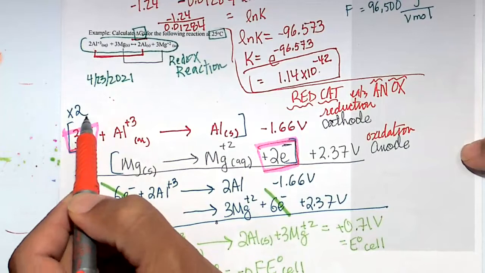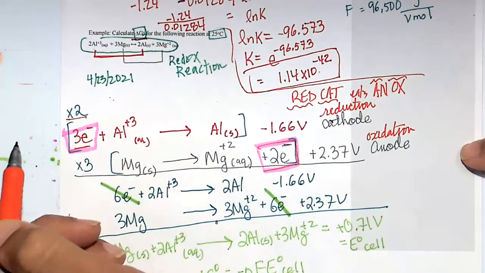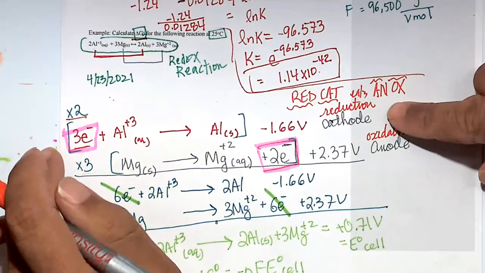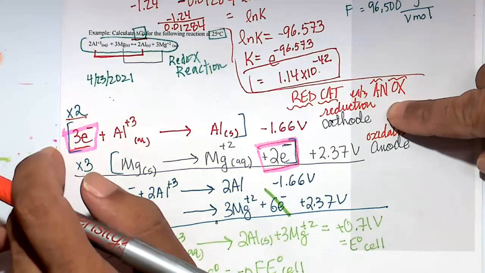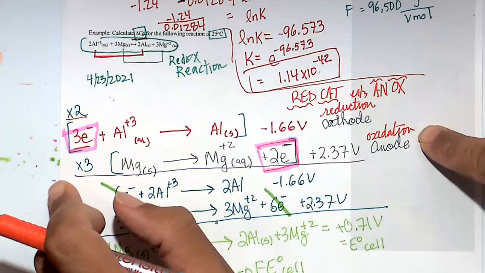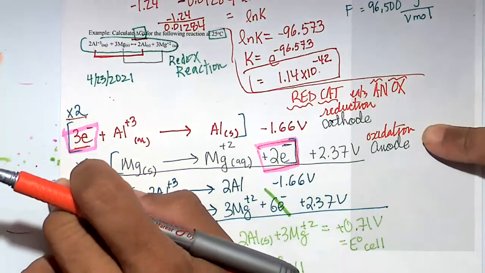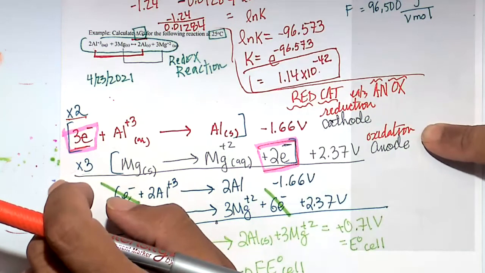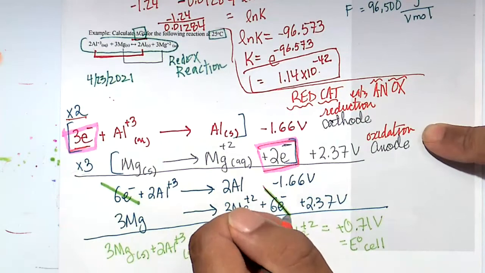To cancel out the electrons, we multiply the top half reaction, and notice the words half reaction, by 2, and we multiply the bottom half reaction by 3. Doing that, we will cancel out our 6 electrons.